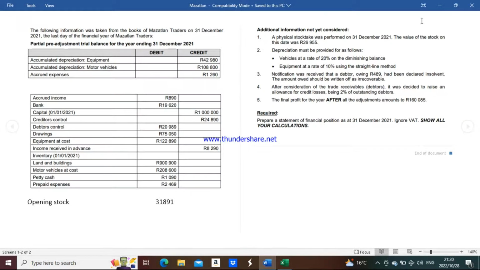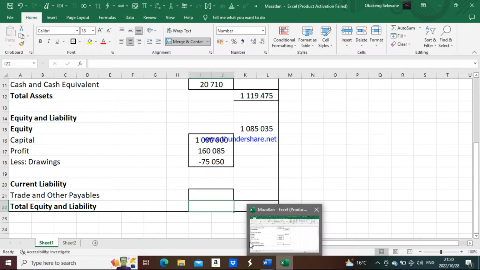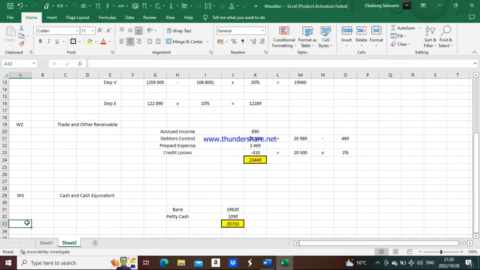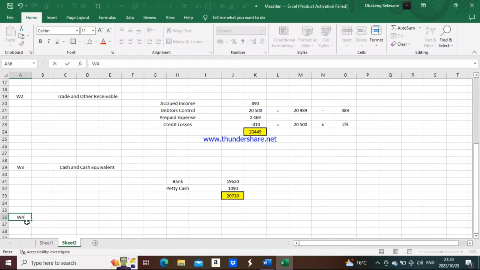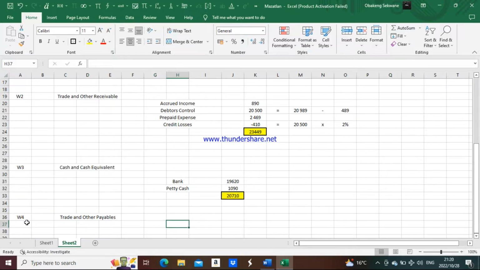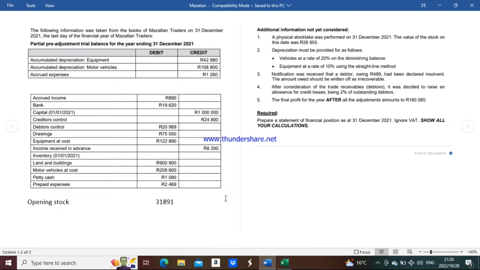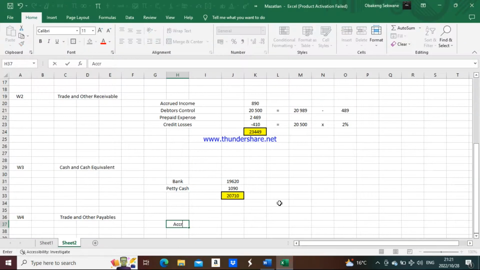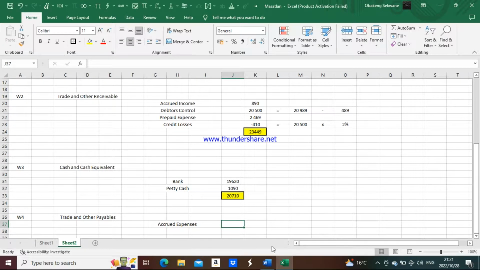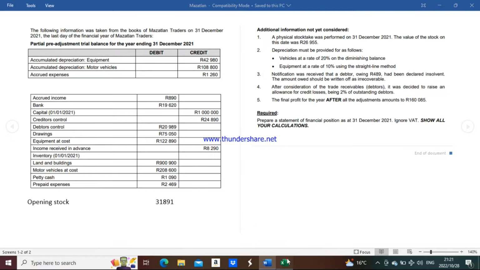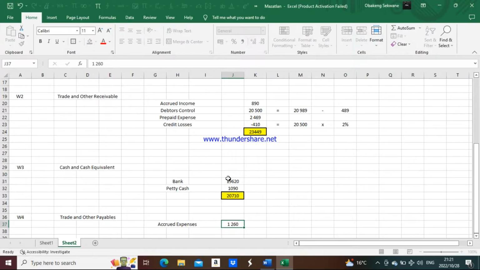So what we have first is our accrued expense. I'll have to go back to our workings. So we have workings 4, which is trade and other payables. And the first thing we have is accrued expenses, and they amounted to 1,260.